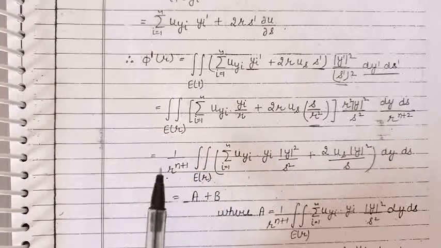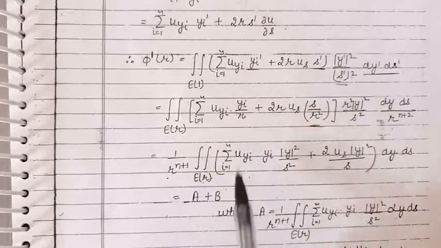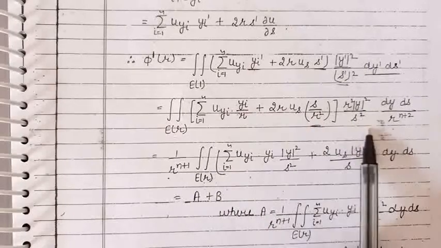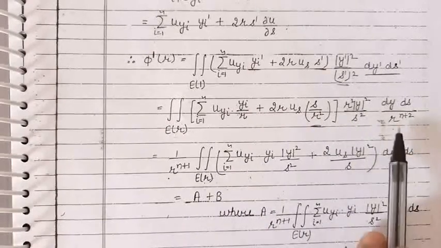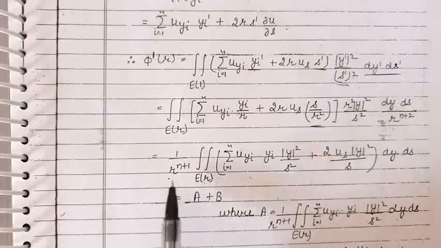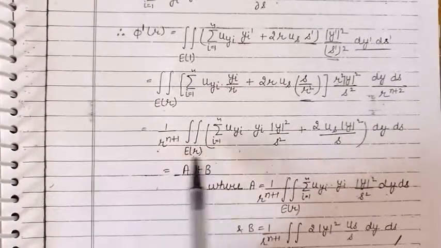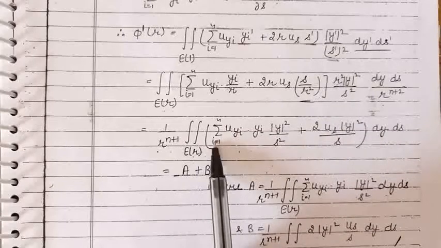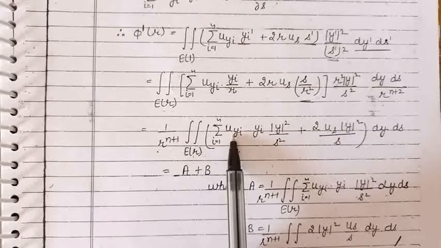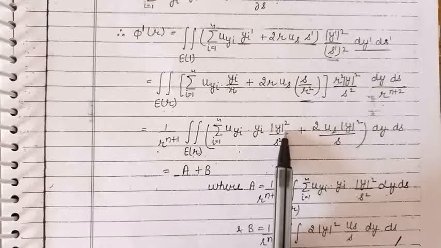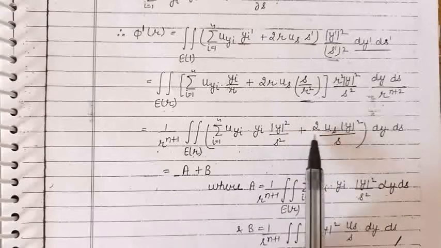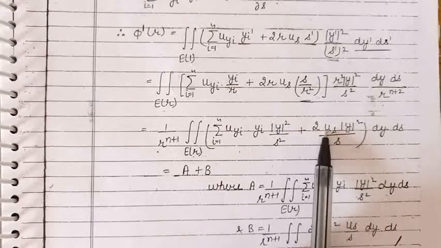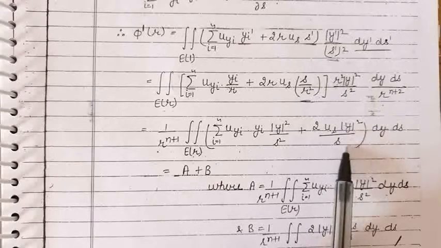Now let us write this expression by taking the term 1 upon r to the power n plus 1 outside of this double integral, and inside we have summation of ∂u/∂yi into |y| square upon s square plus 2 times ∂u/∂s into |y| square upon s.